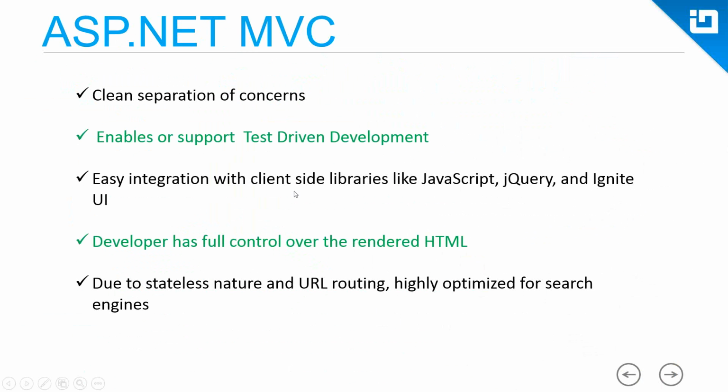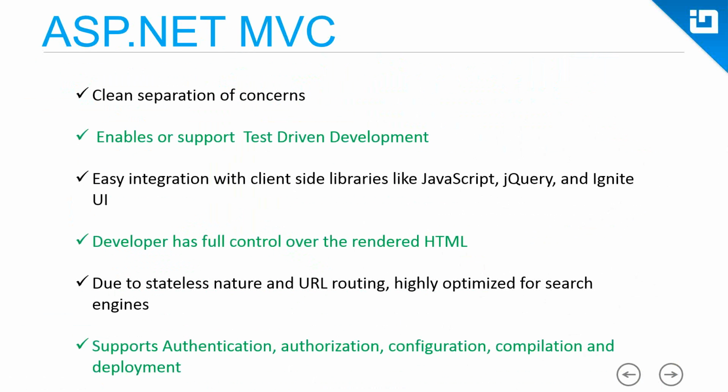So these are a few features of ASP.NET MVC, and last but not least, of course, these features are supported in ASP.NET also, but it has a membership provider, like inbuilt support for authentication, authorization, configuration, compilation.